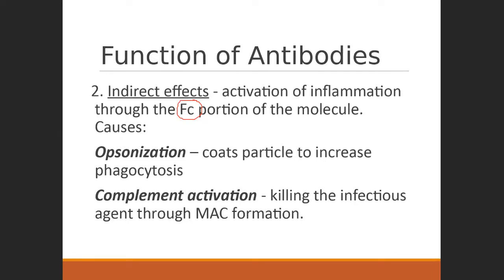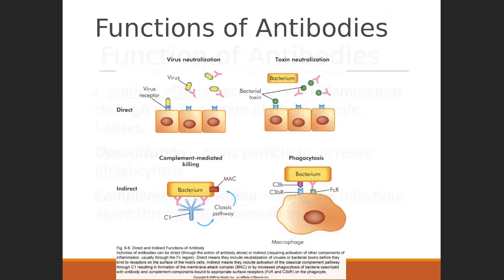Now, we mentioned that process as opsonization back when we did innate. Complement activation with our MAC formation. Here we see examples of that when we see our antibody bound to a bacterium, basically creating a bridge onto a macrophage. Now we engulf this, and we've disposed of it.